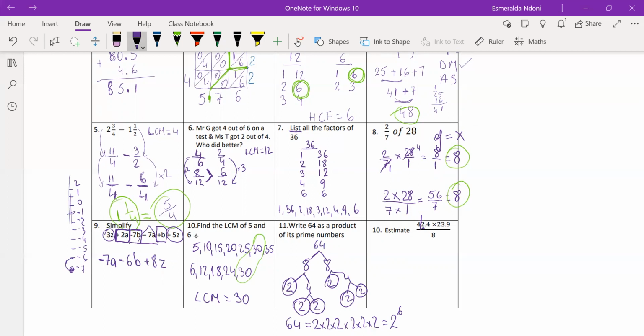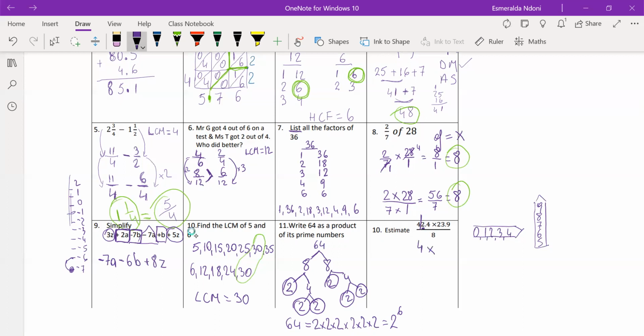So remember when we did the arrows, guys, we said if it's 0, 1, 2, 3, or 4, it stays the same. And when we have a 5, a 6, a 7, an 8, or a 9, it goes up 1. So we have a 2. That means that 4 does not change.